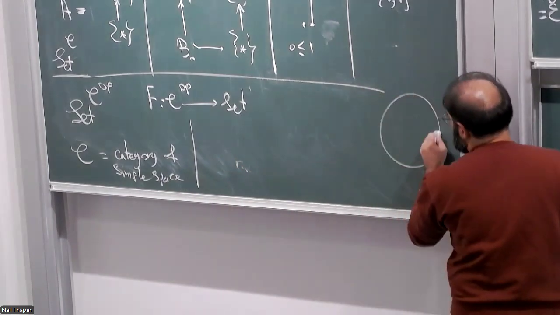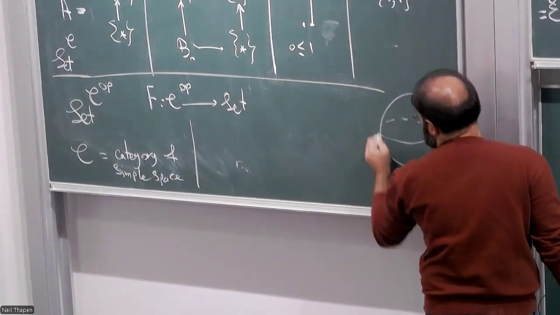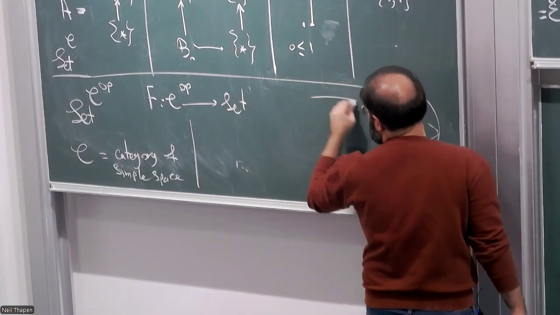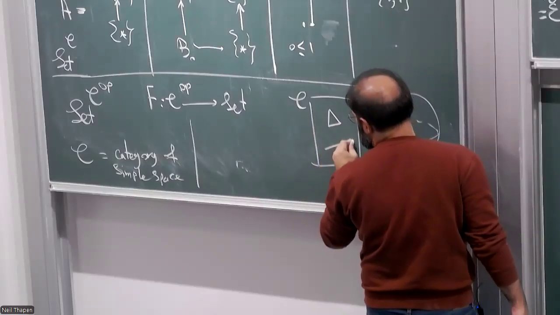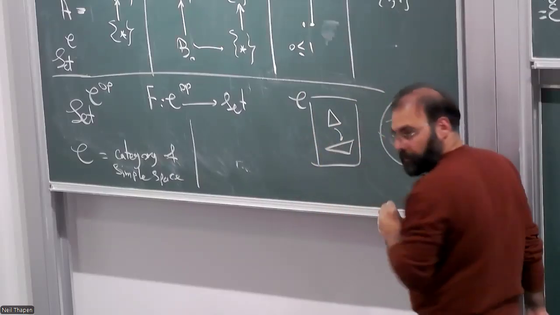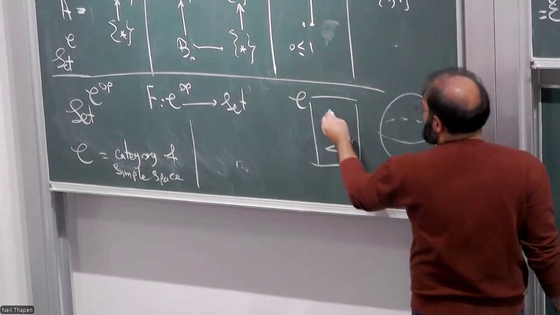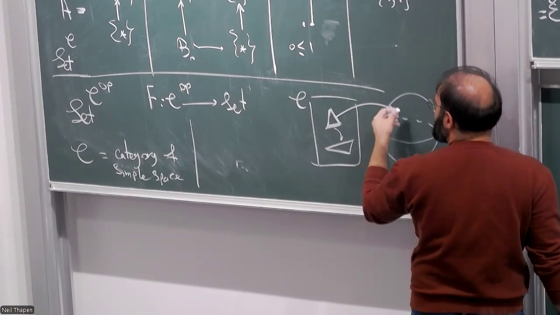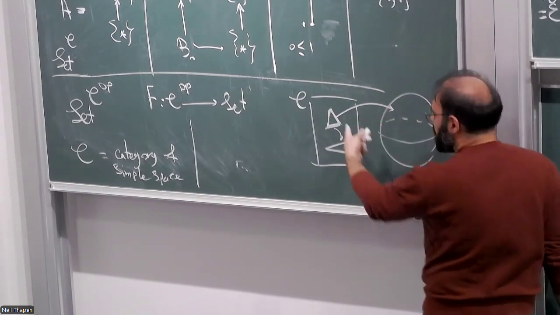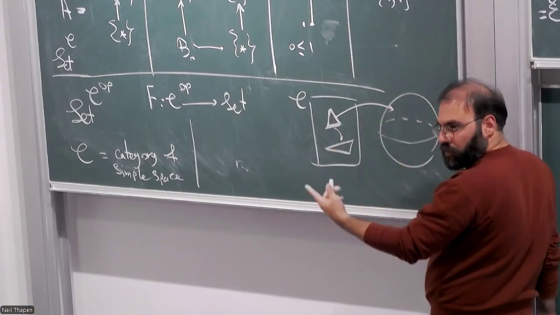So if this is the complex space, and you have the world C of simple spaces, something like this, right? And the maps between them. So pick any element here, all the images here. These are the things that you can really see, because these are the lenses that you can see through.